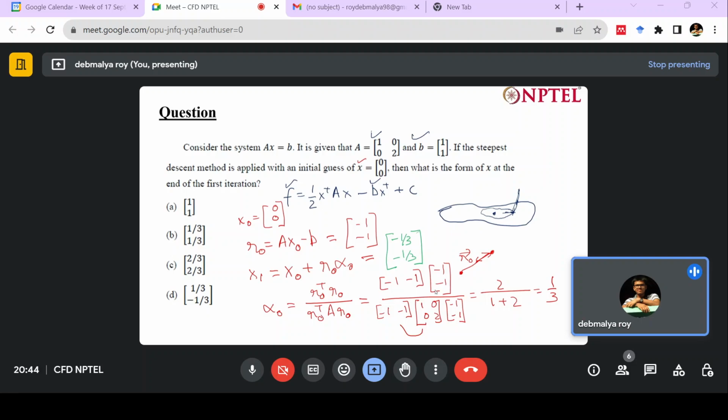Please check if there is any mistake in the algebra. There is no option as such here.